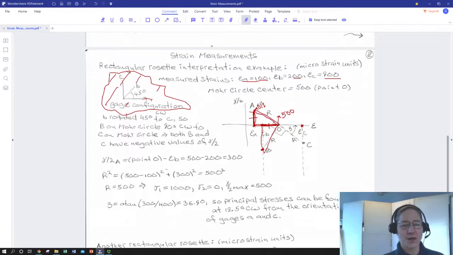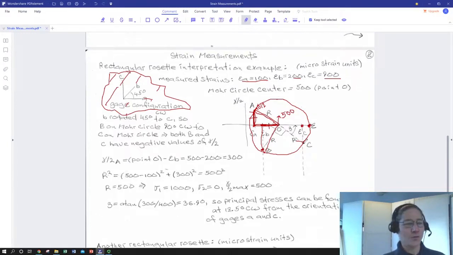So now if we swing R all the way around, it's going to have to go through C and B. I'm drawing a really lopsided circle. So now we have our principal normal strains. We're going to stretch the most in this direction.